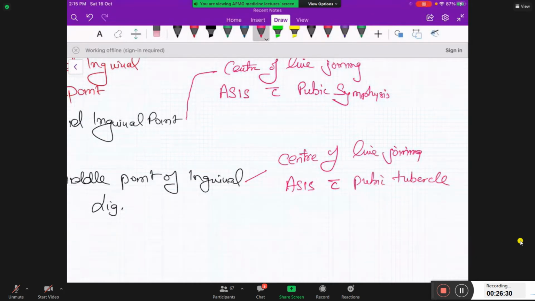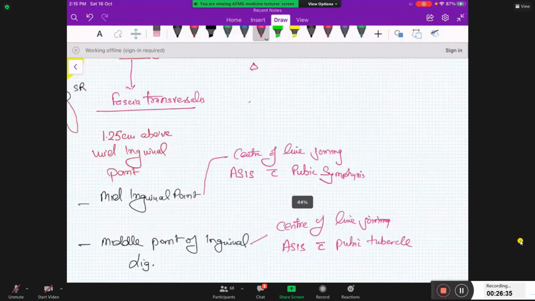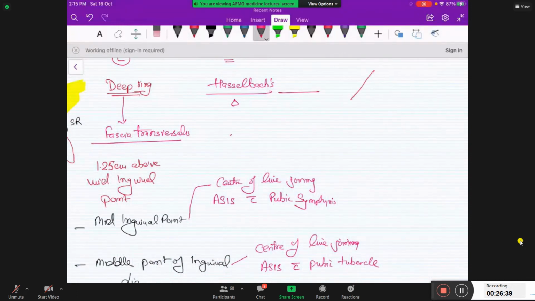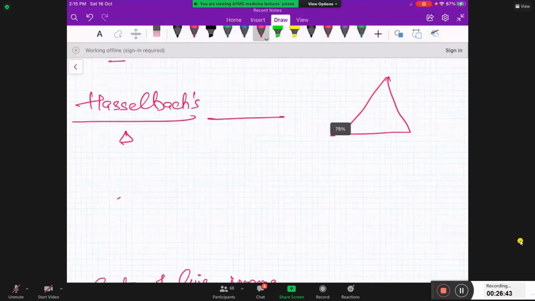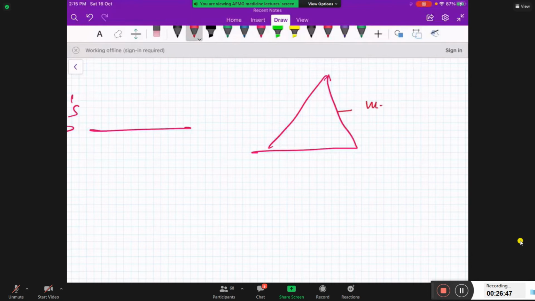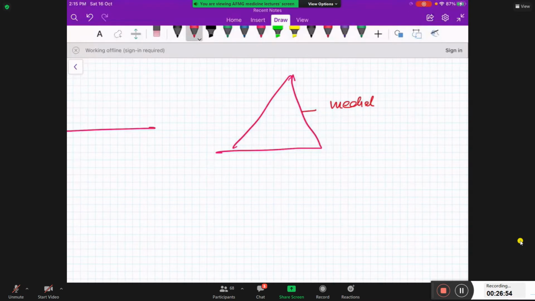Then what forms the boundaries of Hesselbach's triangle? Can anyone tell me? If this is a triangle, Hesselbach's triangle, what are the boundaries? The medial boundary of this triangle is formed by?